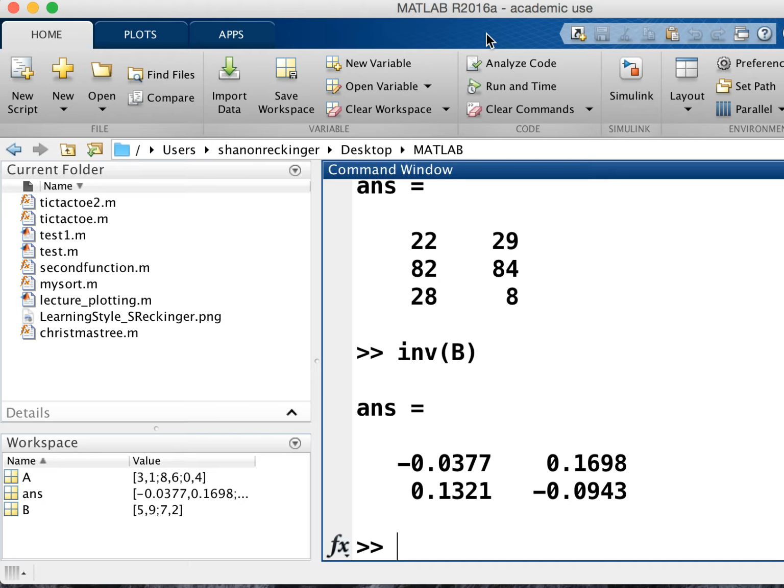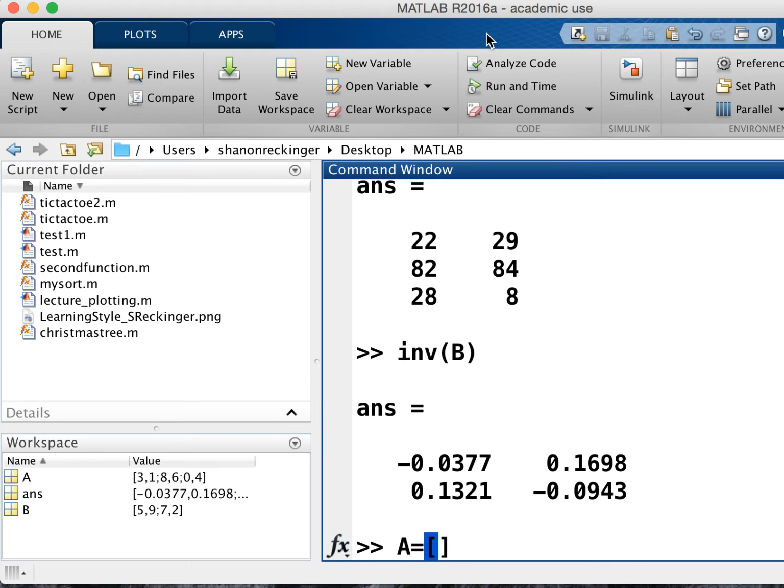So there's a couple different ways to do this in MATLAB. The first way is using the inverse operator. So you'll set up your A matrix and your B vector, and you'll just invert it.